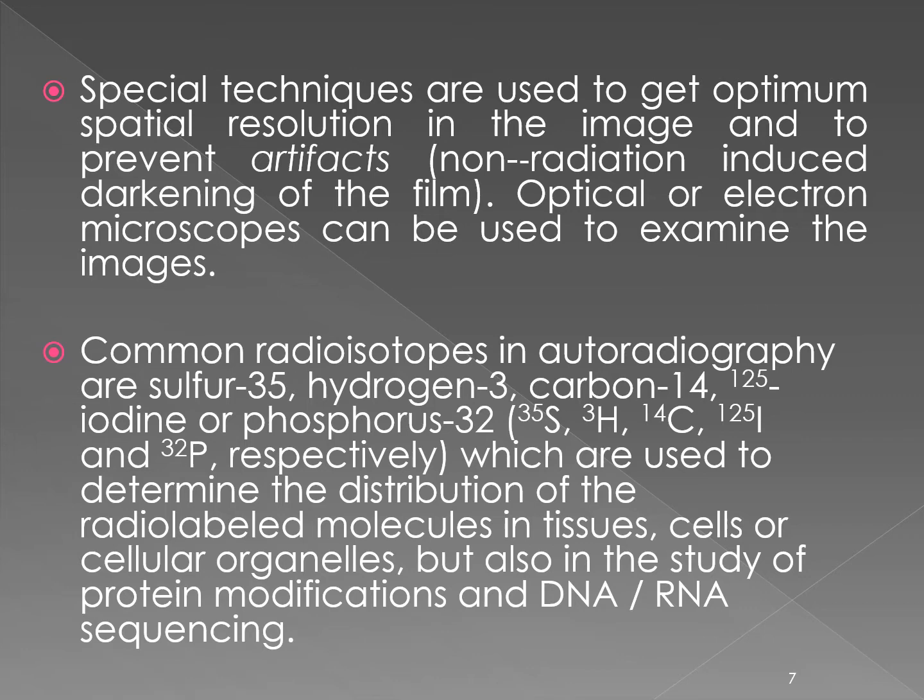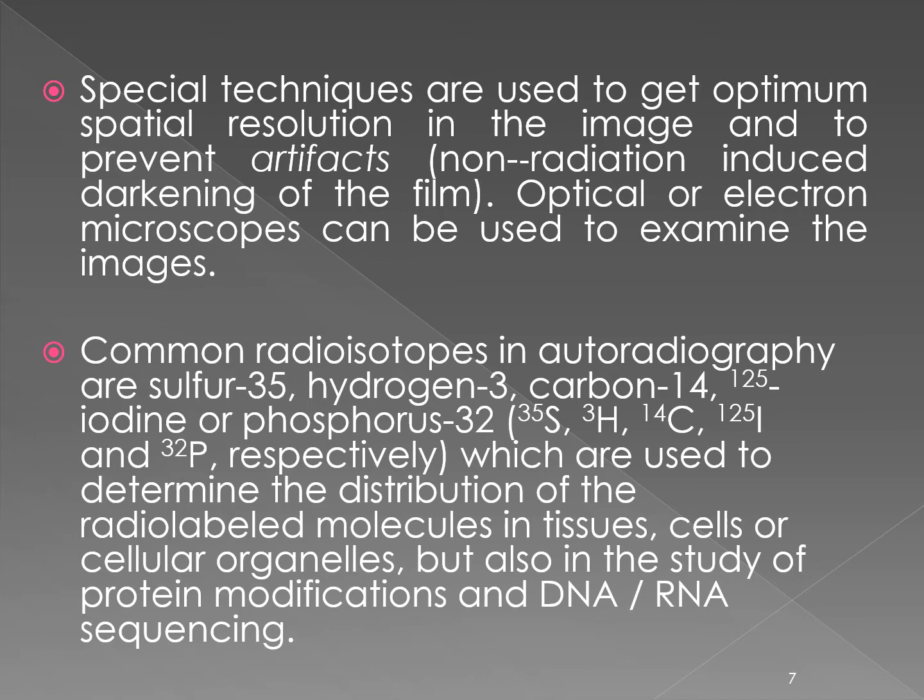Special techniques are used to get optimum spatial resolution in the image and to prevent artifacts, those known as radiation-induced darkening of the film. So optical or electron microscopes can be used to examine the images. The common radioisotopes used in autoradiography include sulfur, hydrogen, carbon, iodine, and phosphorus.